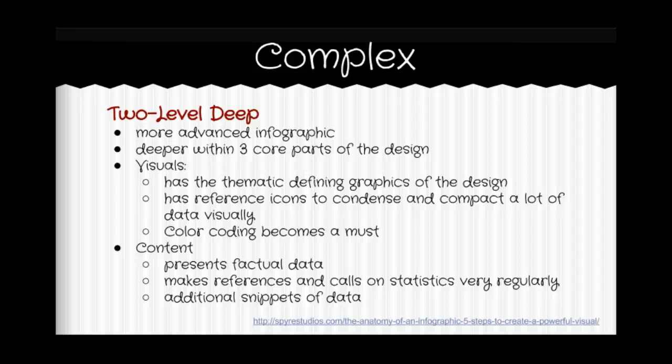Usually color coding becomes a must in this type of infographic because visually separating content via color becomes key in relaying information. Within the realm of content, the two-level infographic not only presents factual data but also makes references and calls on statistics very regularly.